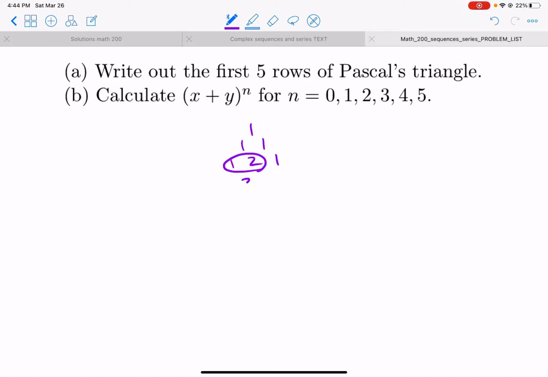So 1 plus 2 is 3. 1 plus 3 is 4. 3 plus 3 is 6. 4 plus 6 is 10. 4 plus 1 is 5.